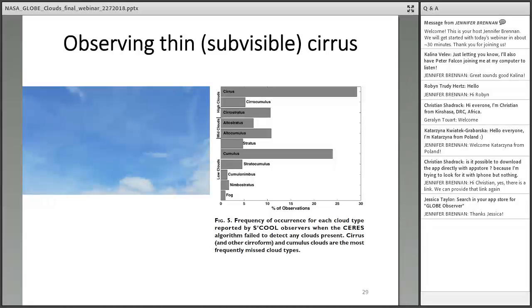Now, there are a couple of satellites that were designed specifically to detect thin cirrus, namely CALIPSO. However, CALIPSO has limited sampling. It only sees at certain times of day. It has a very narrow swath. And so, as great a satellite as it is, it has its limitations. So we are planning to use GLOBE Clouds data to fill in the gaps of where CALIPSO and other satellites cannot see.